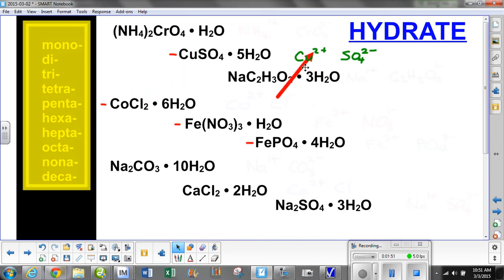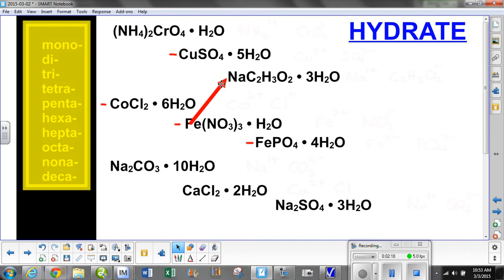So that copper has to carry all of the charge to make this a total of 0. So not only is this a 2, but because we don't know what copper is, we have to state that when we name it. So here it is, copper 2, that's a Roman numeral 2, sulfate pentahydrate. And let's see how that's written.